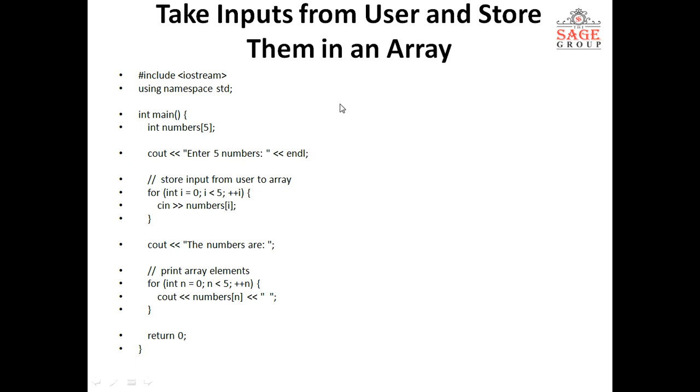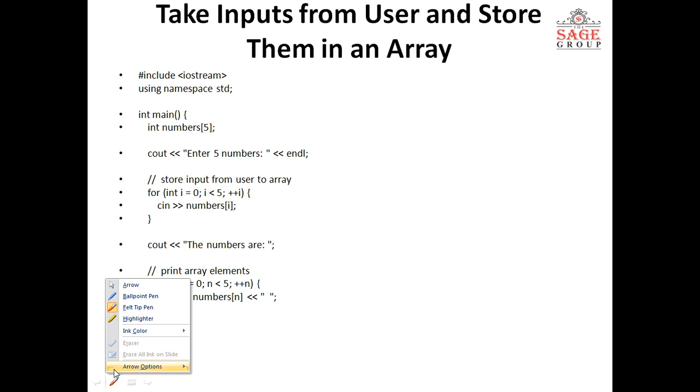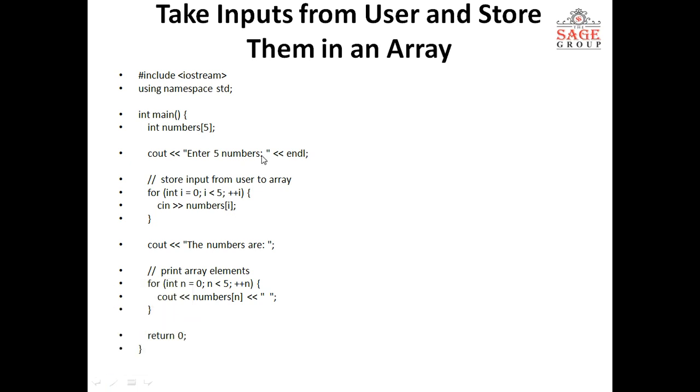So here we are trying to take input from the user and store it in an array. Fine. So we have declared the array but didn't store any element here, because we are using a for loop to store them.